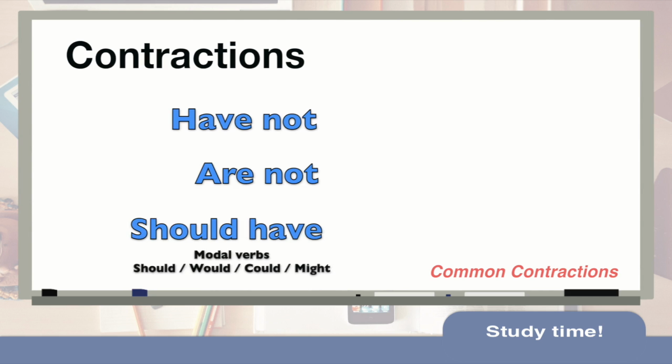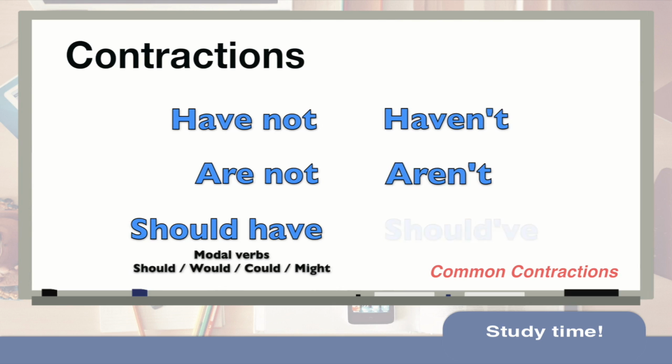But also modal verbs, which are words such as would, should, could, might, must, are also contracted very commonly. Have not becomes haven't. Are not becomes aren't. And should have becomes should've.